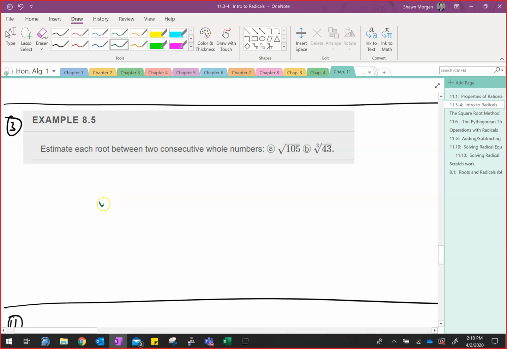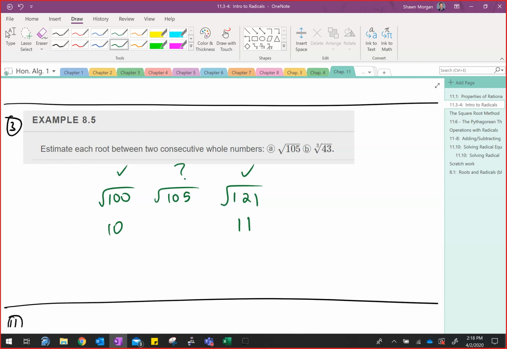Yeah. So you see, the square root of 100, I do know. The next one would be the square root of 121. I do know that. And although I don't know what the square root of 105 is, since the square root of 100 is 10 and the square root of 121 is 11, Cullen, where would you say the square root of 105 probably falls? In between them.